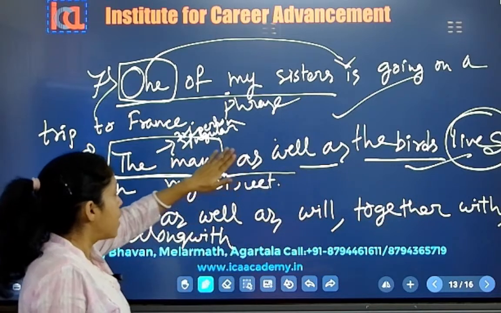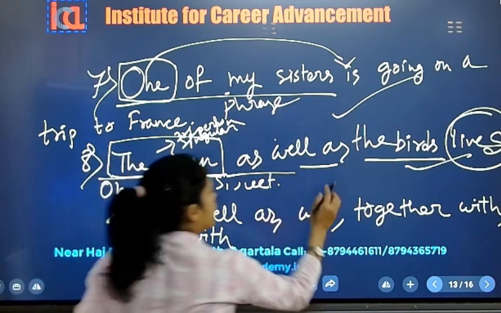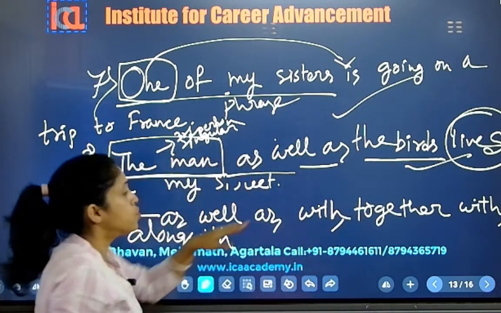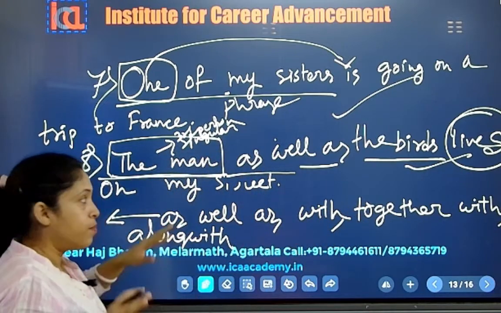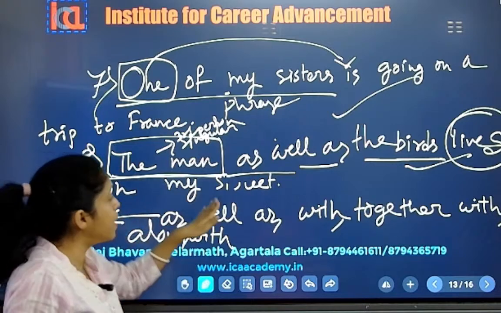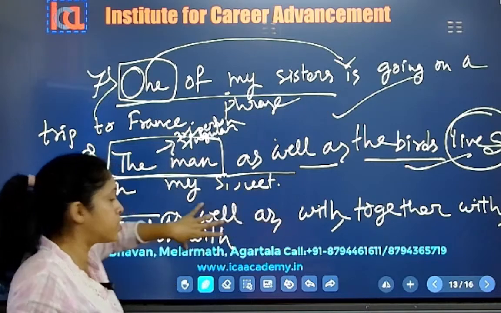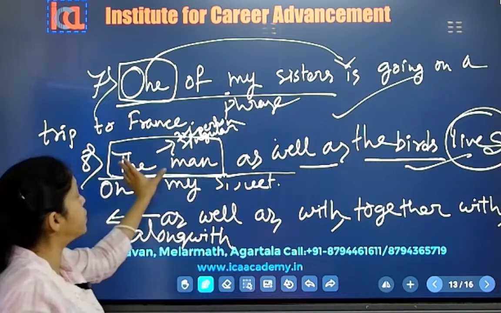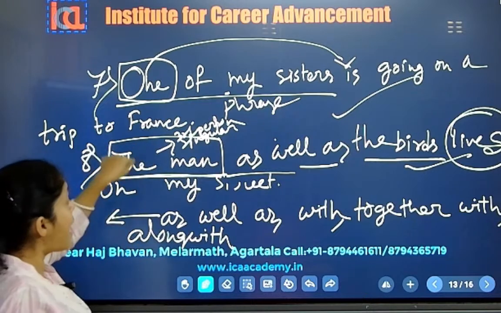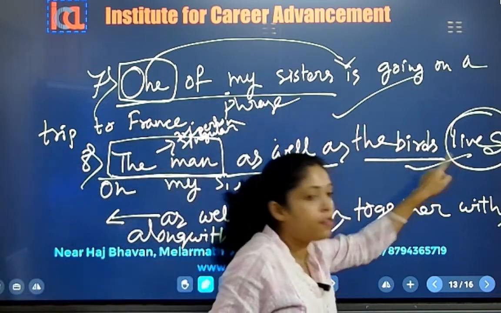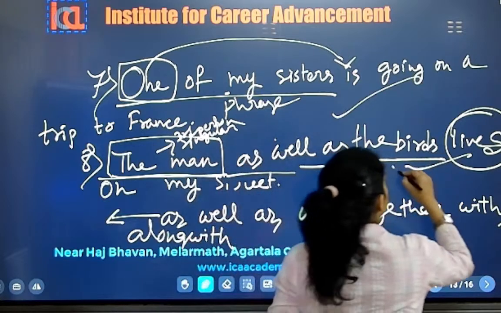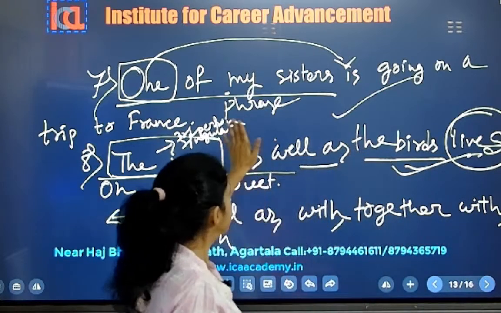As well as, with, together with, along with: whichever noun is used before these words, we will follow that noun to use the verb. Understood? So this would be the correct answer.